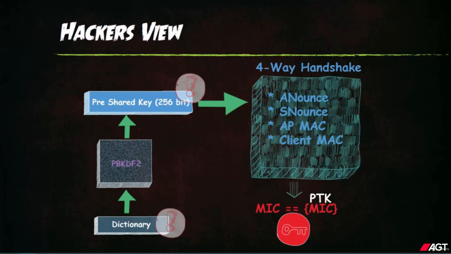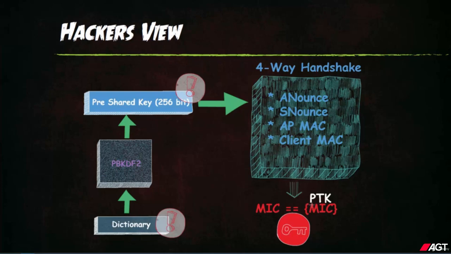So the hacker can calculate the PTK, and after calculating the PTK, the hacker also calculates the MIC, the message integrity check, and tries to match it with the actual MIC, which is in the S nonce packet.